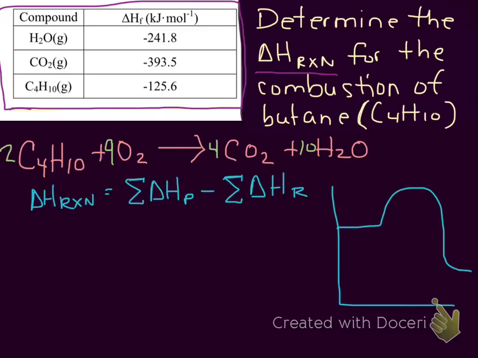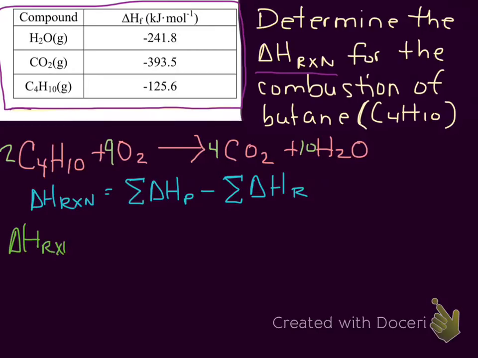So I'm going to erase that just so we have room. Served its purpose. Okay, so now we have to actually plug in the values. So our delta H for a reaction is going to equal, okay, I'm going to put brackets around all of the products just to keep us nice and organized. So our first product is CO2, and we have 4 of them.